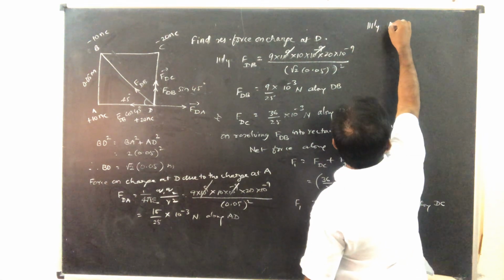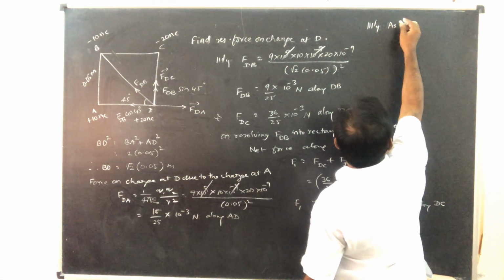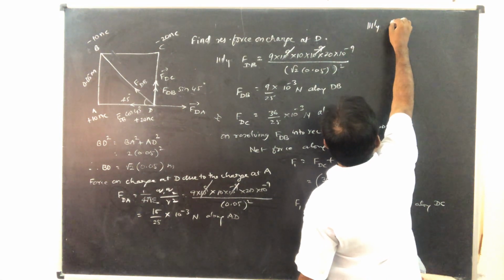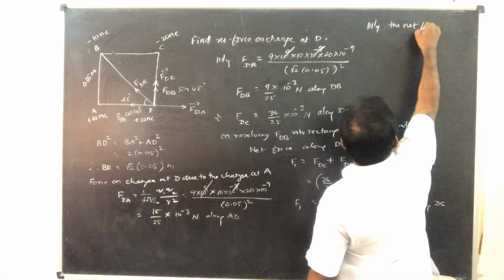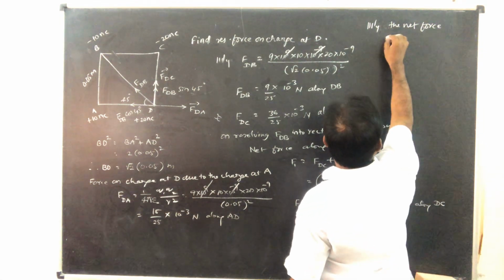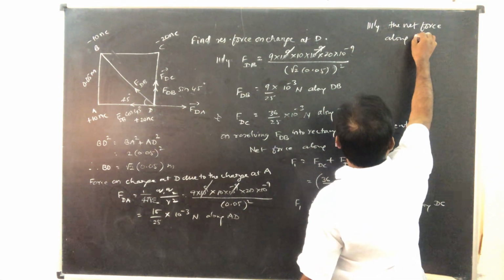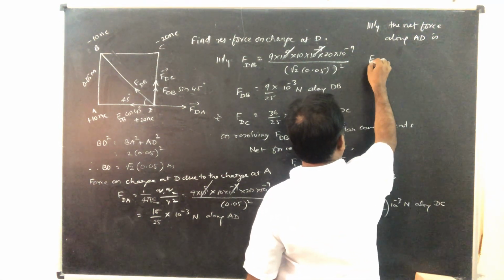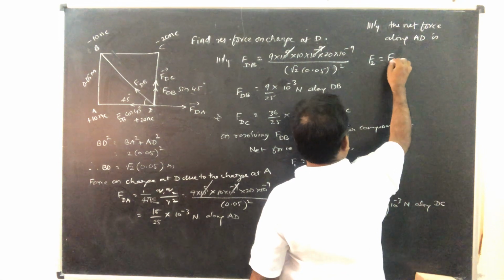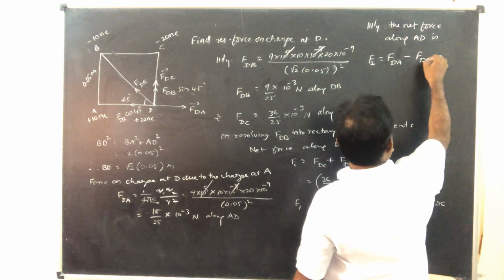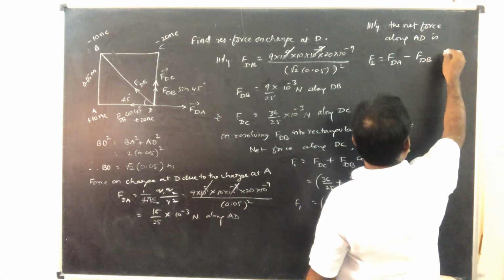Similarly, the net force along AD is F2, which is FDA minus FDB sin 45.